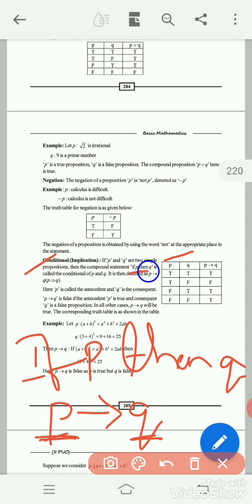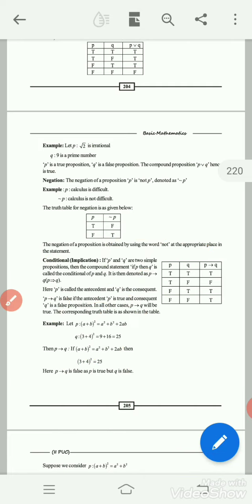The compound statement "if P then Q" is called the conditional of P and Q. It is denoted like this: P arrow Q, otherwise P double line arrow Q. Both are the same. This is called the conditional logical connective.